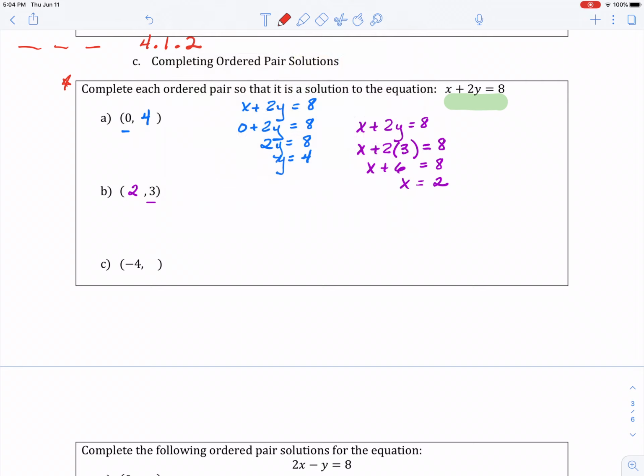And the third time through, and generally you're going to want to get 3 points. 2 points is enough to determine a line, but the third point just verifies and helps you know that you're correct. So in this third point, item C, you can see that they have given you an x-coordinate. So I'm going to replace x with -4.